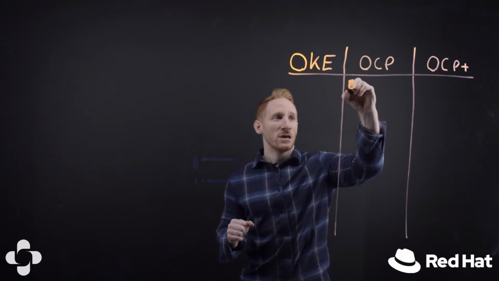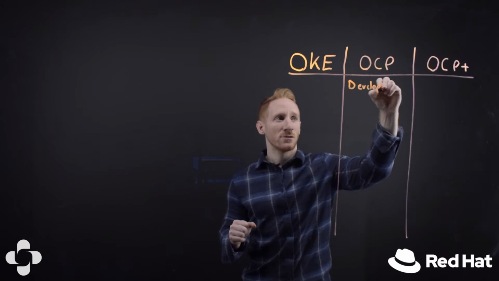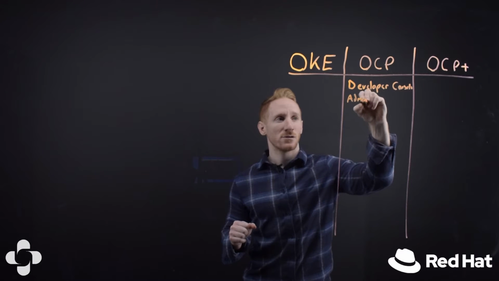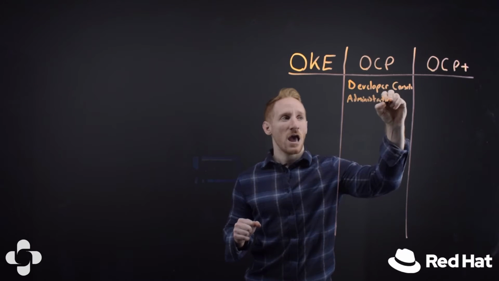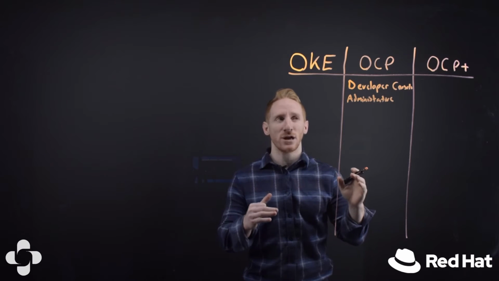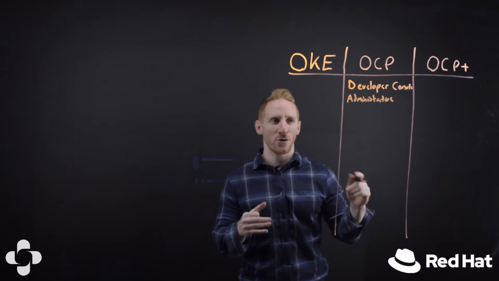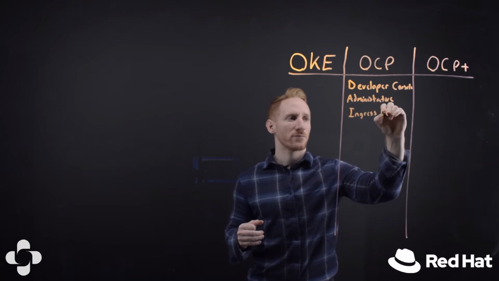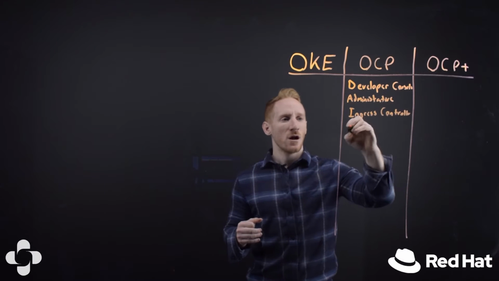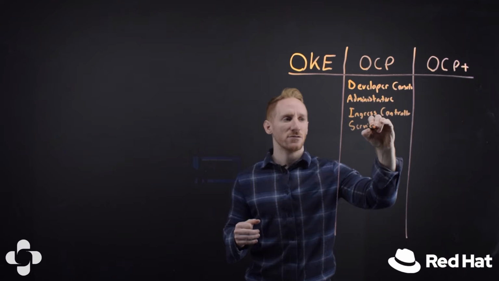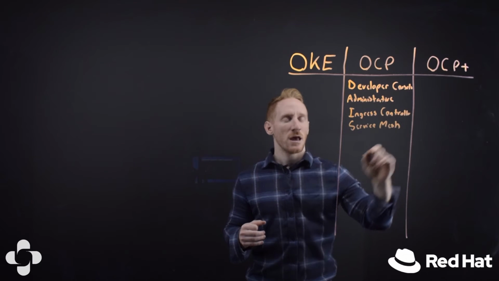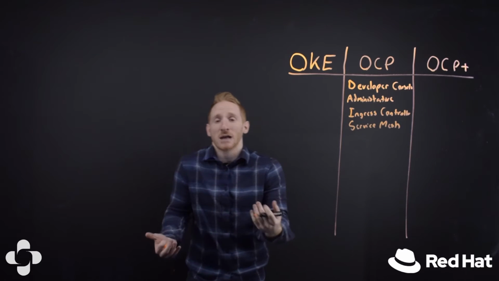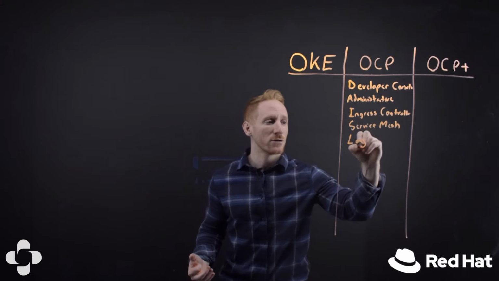What we're talking about here is things like a developer console, really an administrative console, and then supported features that make Kubernetes more of what it's required to be to run in an enterprise, such as an ingress controller via the OpenShift router, a service mesh platform built on Istio, and various other components that you find within an ecosystem related to Kubernetes that you're going to ask for support around, such as logging or monitoring.